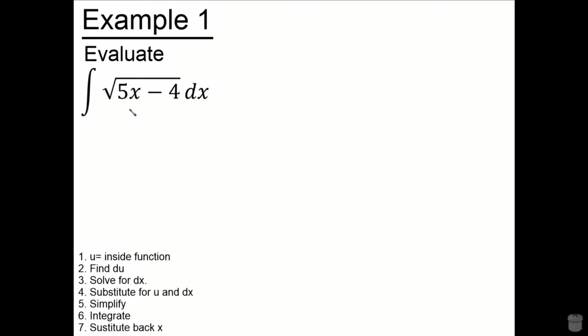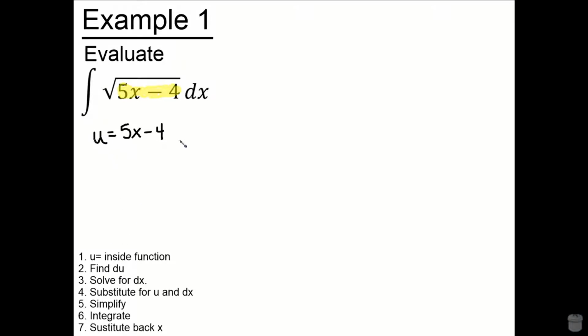So my inside function is, and I'm going to highlight it here with a color, yellow, 5x minus 4. Everything inside. So that's what I'm going to let u equal. u equals 5x minus 4. That's our first step. Second step, I need to find du.